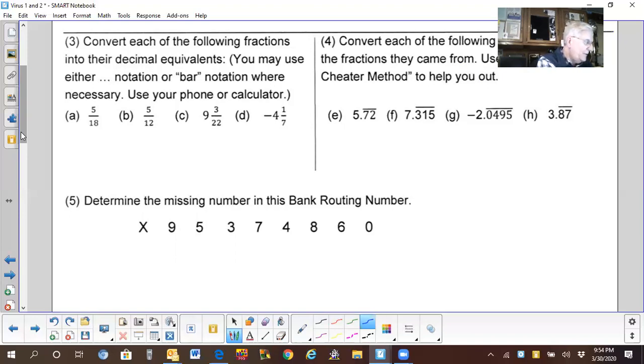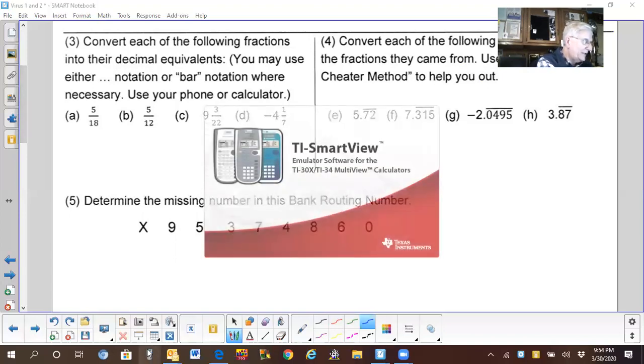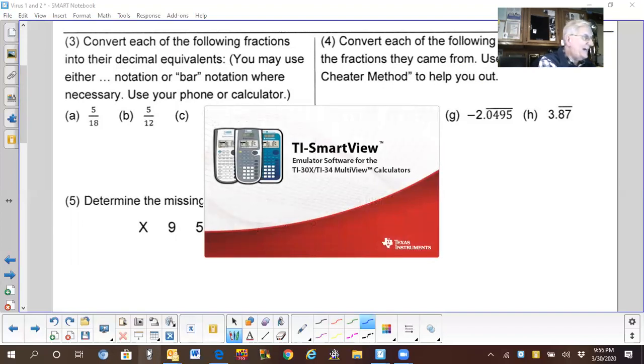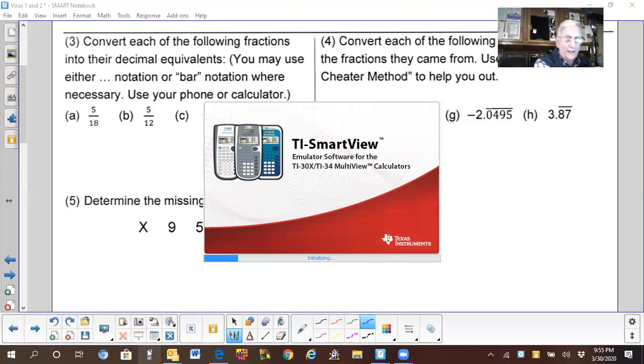So what I'm going to do is bring up the calculator here on this machine, and I'm going to divide these out for you very quickly and show you how we can write the answers. Hopefully it's going to work out. Let's see if the calculator will come up.